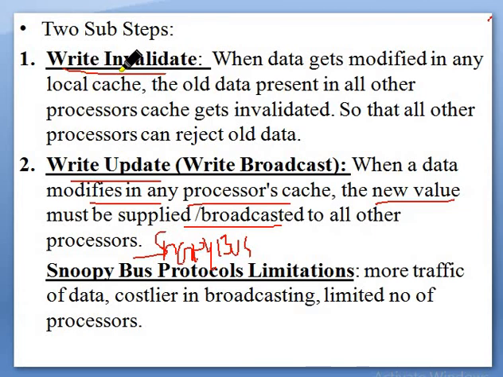What is one more option, which is less frequently used? Write invalidate. Whenever data is modified, if you are unable to update all other processors' caches, you can send an invalidate bit. So what happens if we send an invalidate bit? All the other processors come to know that they should not continue the calculation with the value of X equal to 5.